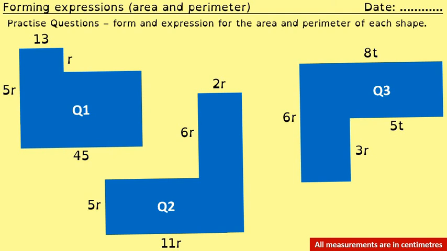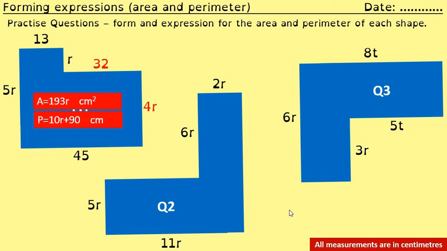Okay, so just to go through the answers, I'm going to label the missing sides for you and then show you the expressions for area and perimeter. So the missing sides on this shape, this one is 32, so that's 45 take away 13, and then this side here is 4r, and then our area expression is 193r centimetres squared, and our perimeter expression is 10r plus 90 centimetres.